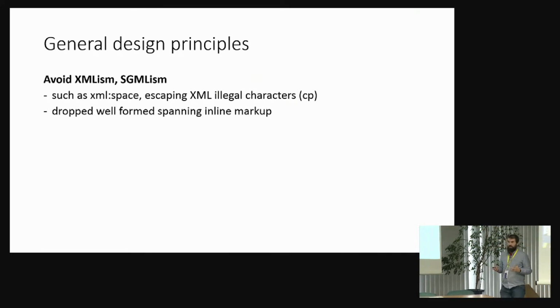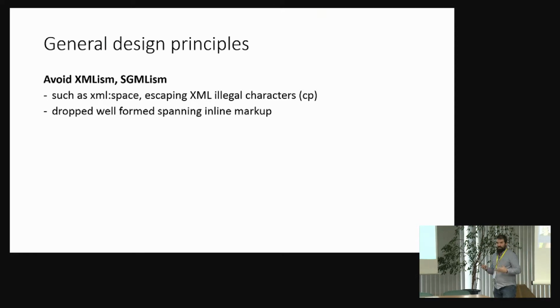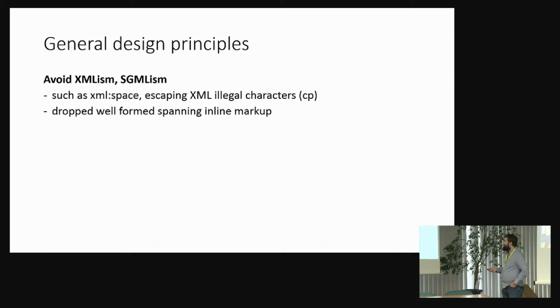This is why we went through the abstract model, the UML. We are trying to strip the object model first of XMLisms and SGMLisms, to make real native implementations in the other technologies.